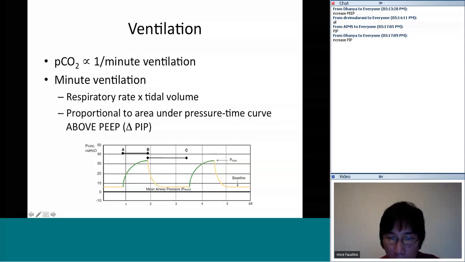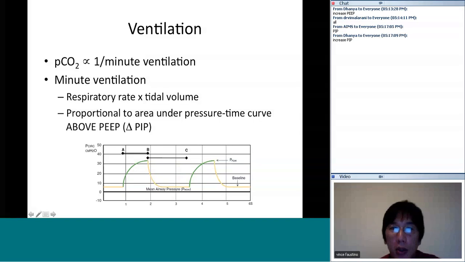If you project this yellow line all across to the end of the curve, all the area here is what's going to determine your PCO2. Your carbon dioxide tension is inversely proportional to your minute ventilation. And this is true whether you're spontaneously breathing or not.